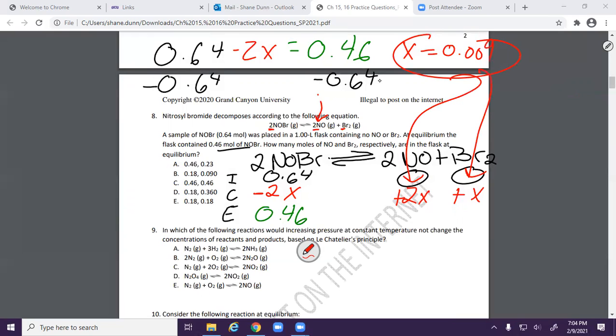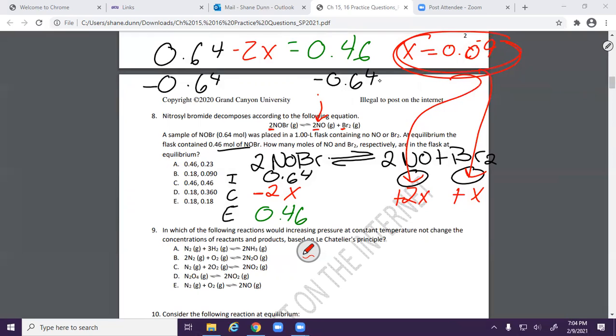So, what's 0 plus 0.009? Not 0.009, 0.09, my bad. 0.09. So 0 plus 0.09.